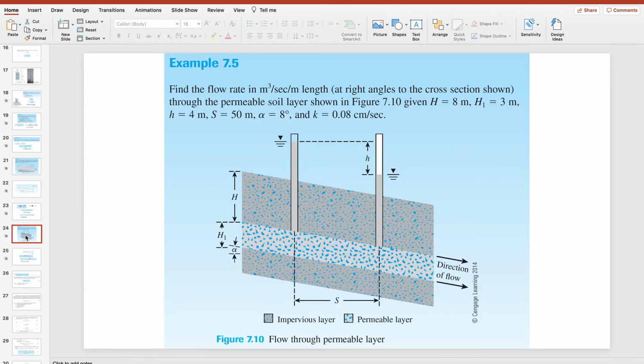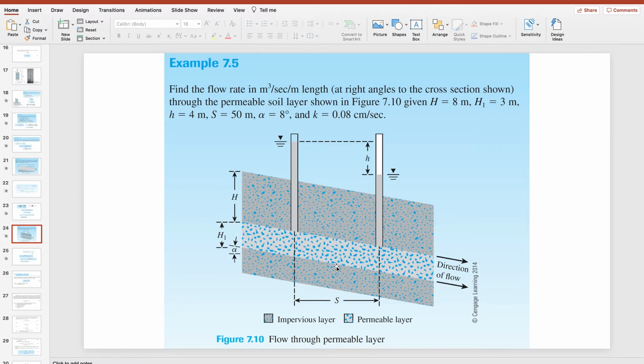Next, what about when it is like this? So this time, you have a piezometer that is reading the piezometric reading. You have here H, which is an impervious material, and H1 is a permeable layer.